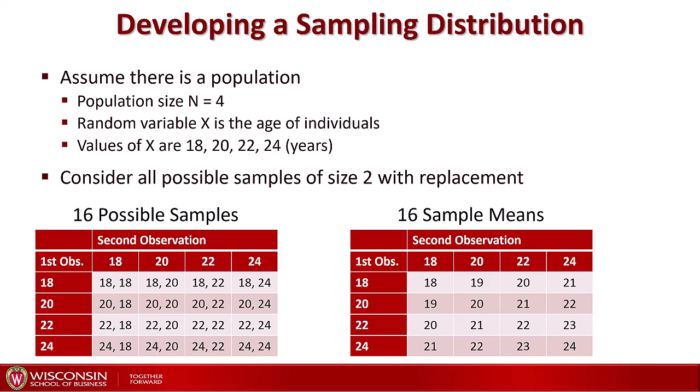And then since we are sampling with replacement, we could draw again that same individual that is 18, and we will be in the first row, first column, and we have a sample that says 18 and 18. We can also start by drawing this individual that is 18 and then draw an individual that is 20 instead, and then we will have the sample 18, 20, and so on and so forth.